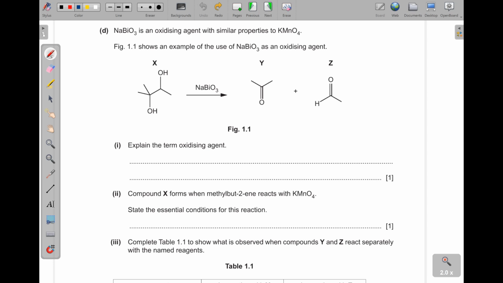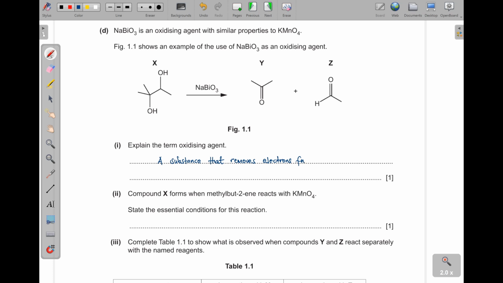Okay. Explain the term oxidizing agent. We have been talking about it. So this is a substance. You don't say it is a compound because we can have elements, and you know a compound is a group of elements. We can have just one element. So a substance that removes electrons from another.